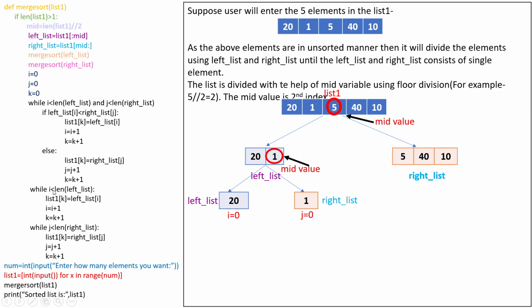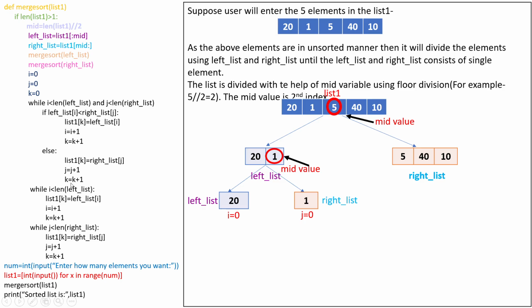Again it will go to the while loop. As I said, the while loop will be terminated only if it gets false. I less than length of left list. Already I value has been incremented. Is 1 less than 1 false? It will terminate and go to the other line. While J less than length of right list.